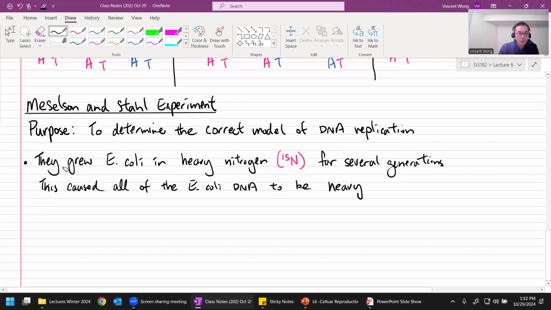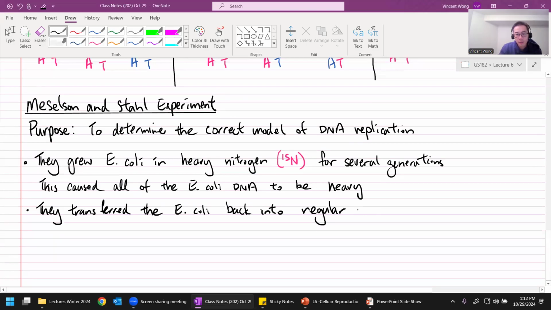Okay, what did they do next? They, as in Meselson and Stahl, transferred the E. coli back into regular nitrogen, which is N14, and allowed them to divide once.